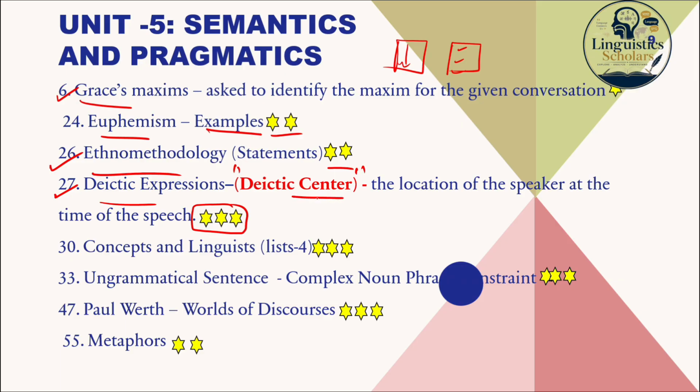So we have also challenged this question, so as to give everyone marks, because they should have asked it as deictic center rather than deictic expression. And then concepts and linguists from semantics and pragmatics, and they have given an ungrammatical sentence and asked what is the problem with that particular sentence, and the work of Paul Grice, words of discourses.